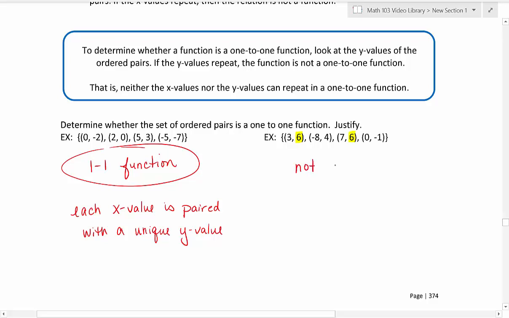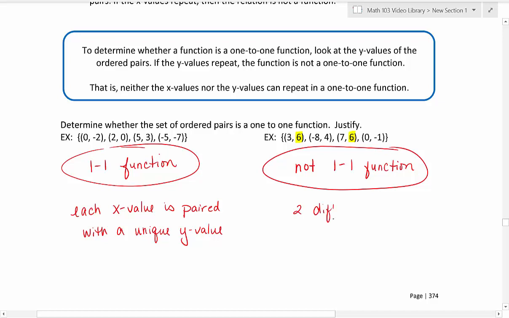So this is not a one-to-one function. And our justification is that two different x values are paired with the same y value.